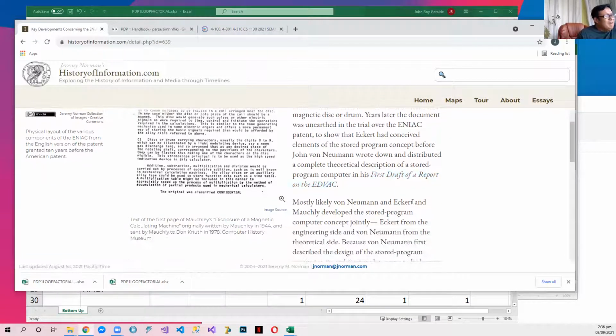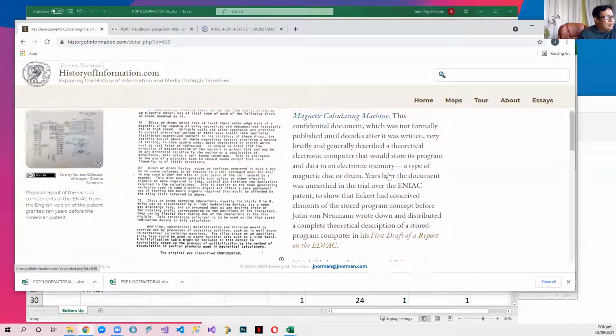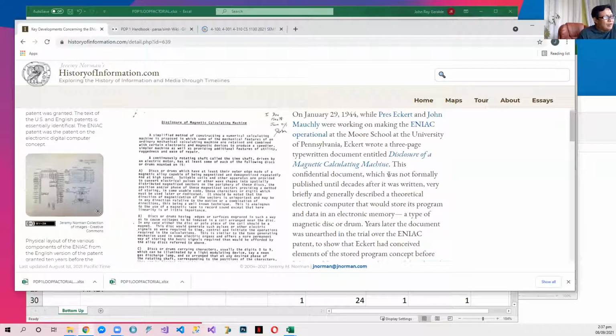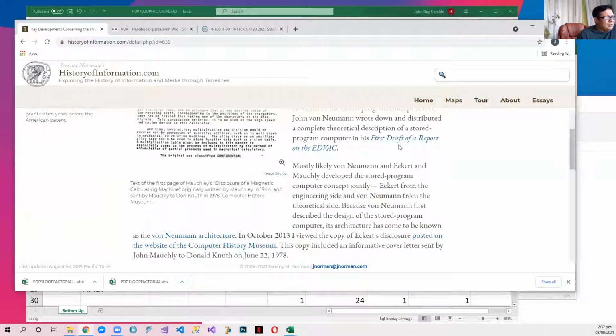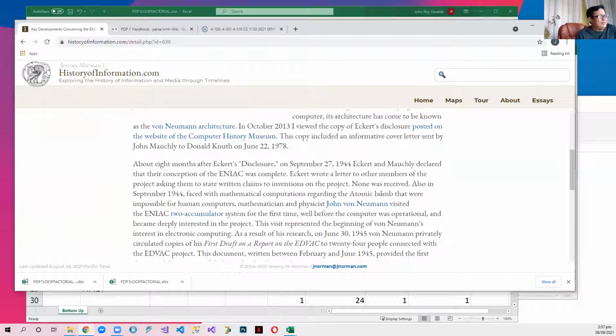So nowadays, John von Neumann is credited as the author of the stored program concept because he was the author of the First Draft Report on the EDVAC, which was released in the 1940s, after the war. The first draft report outlined the characteristics of the stored program concept.